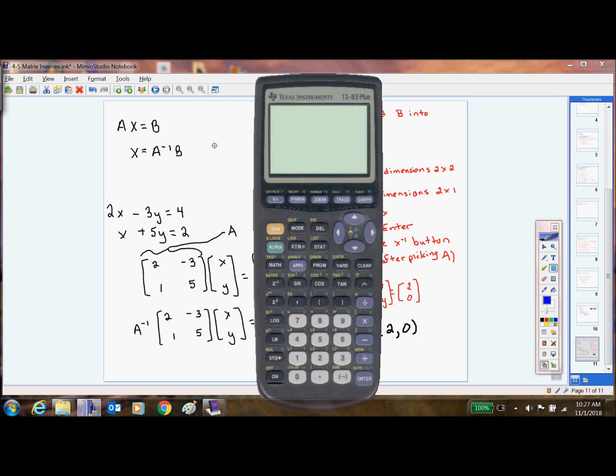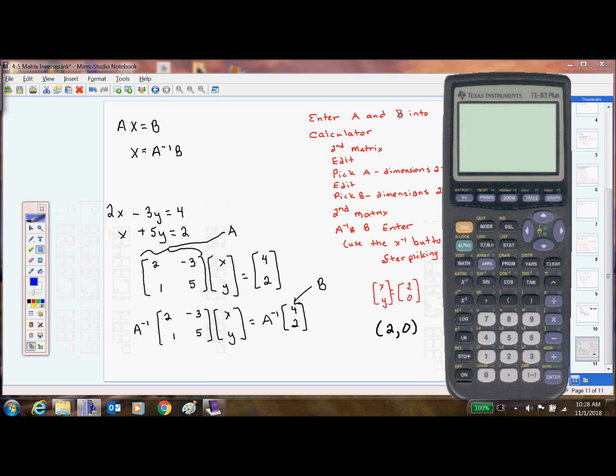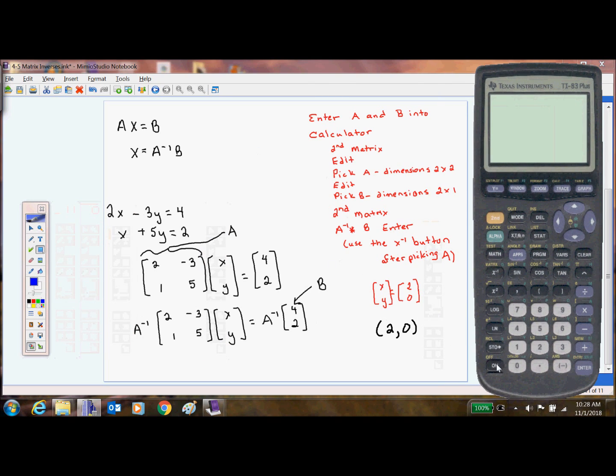So we're going to take our calculator. You do have to set up this thing manually so you know what you're putting in the calculator. But the first thing we need to do is enter matrix A and matrix B into the calculator. Here's matrix A, here's matrix B. So we need to go into your matrix section, second matrix, go into edit, so we can edit matrix A. And this is a what by what matrix?